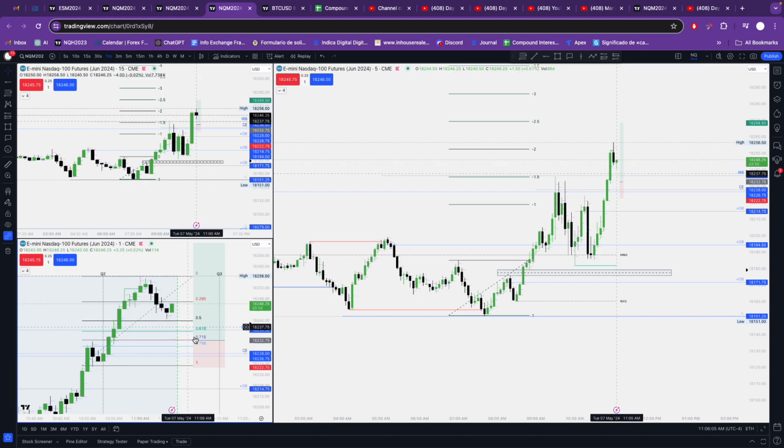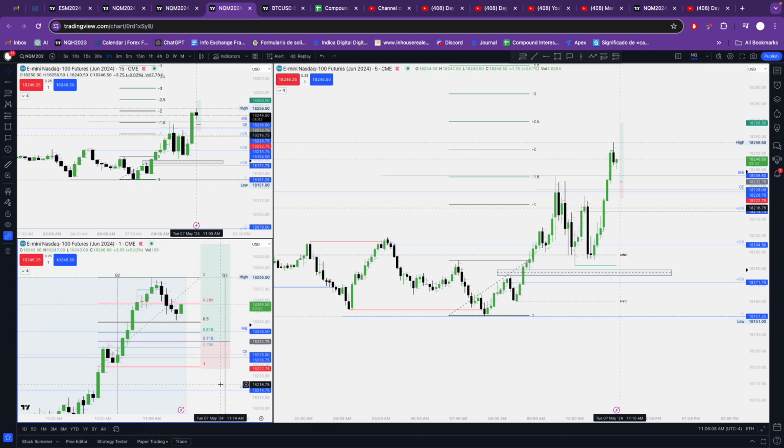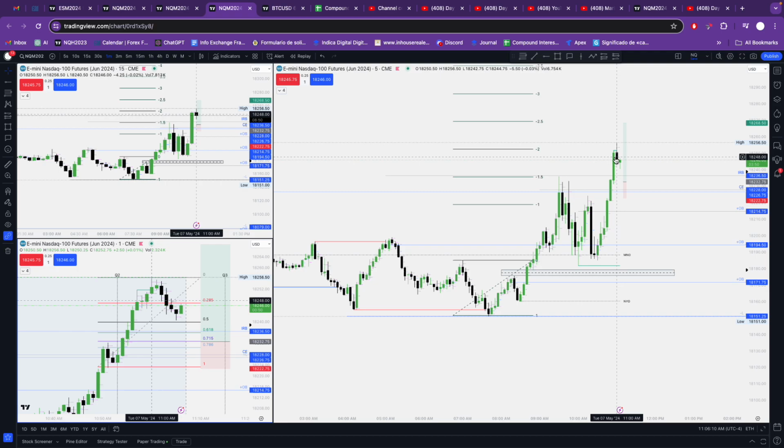It's a fair value gap here. Let's see. This does look like a bullish order block here. Potential.